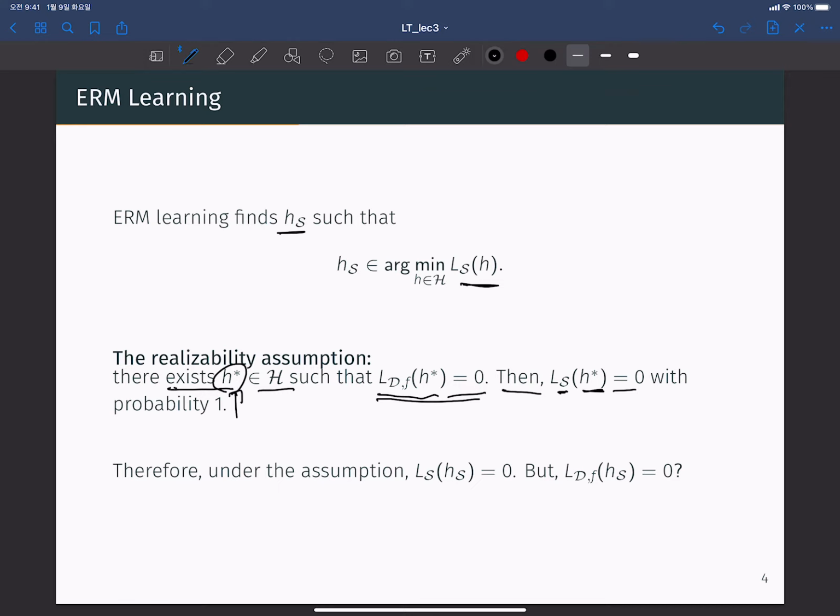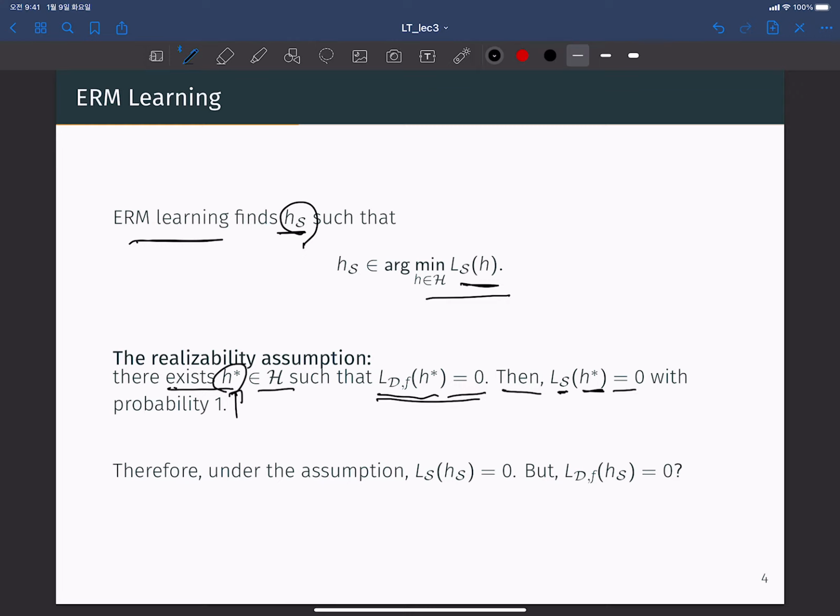And since the empirical risk minimization learning rule finds the hypothesis that minimizes the sample loss, the training error, and we know that there exists H star, the ground truth hypothesis in your hypothesis class, we can say that there exists at least one hypothesis in your hypothesis class that makes your training error equal to 0.